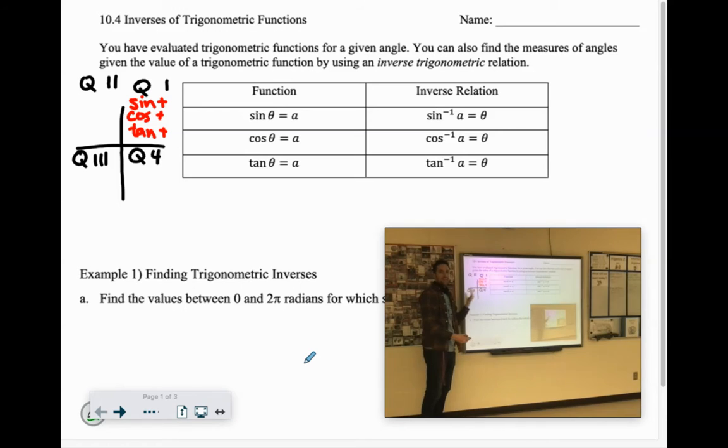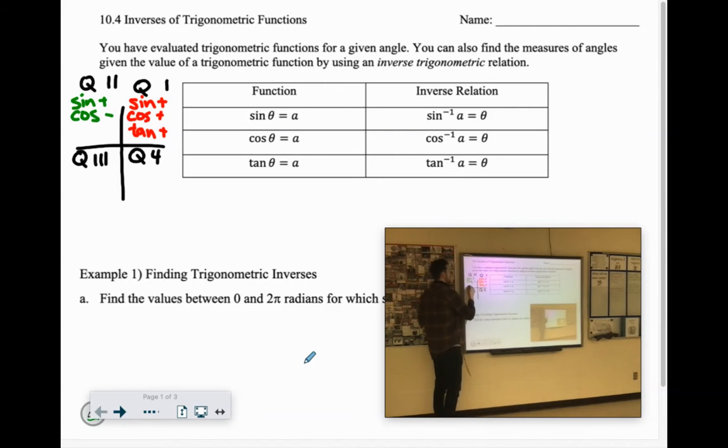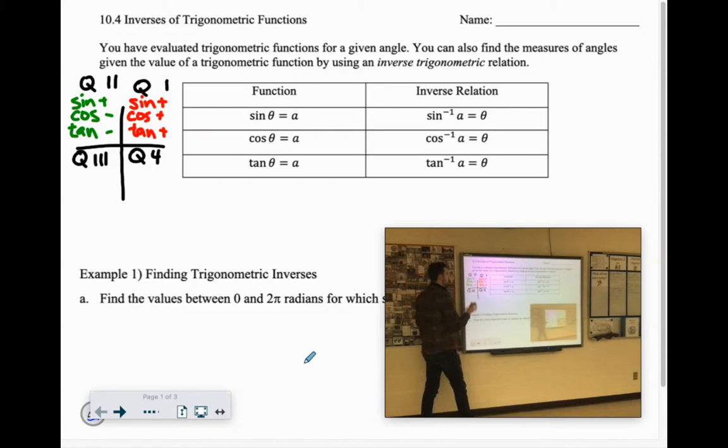Quadrant 2 is when your x is negative, and x is our cosine. So our sine is still positive, our cosine is going to be negative, and then our tangent would be a positive divided by negative, which is negative. Quadrant 3, both your x and y are negative, so our sine will be negative, cosine will be negative, but tangent would be a negative divided by negative, which comes out positive.